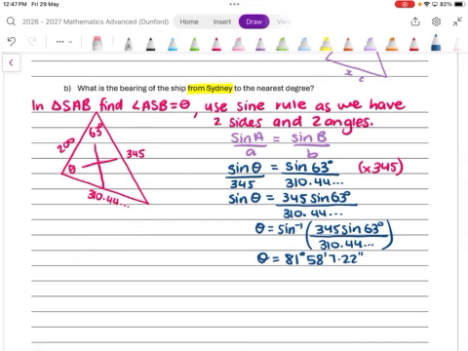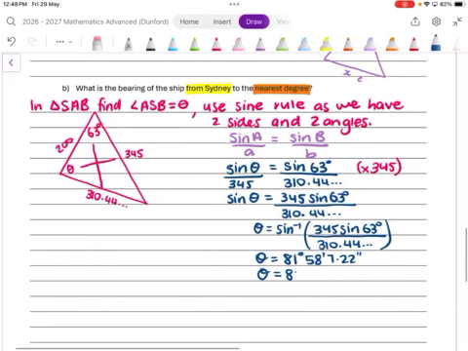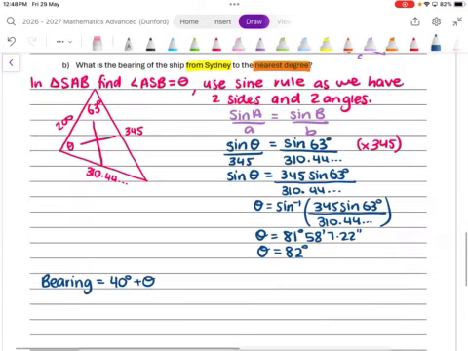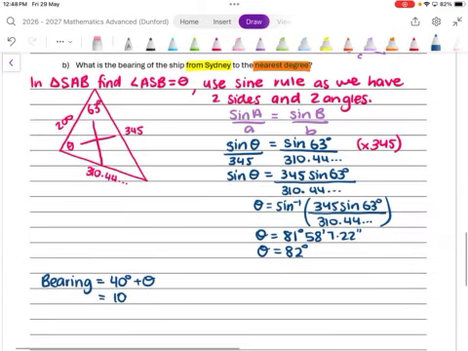Our question tells us to the nearest degree, so we can round that straight away to 82 degrees. Okay, to get our bearing, because the question was asking for our bearing, it is equal to our 40 degrees plus theta. So that is 40 degrees plus 82 degrees, which equals 122 degrees.